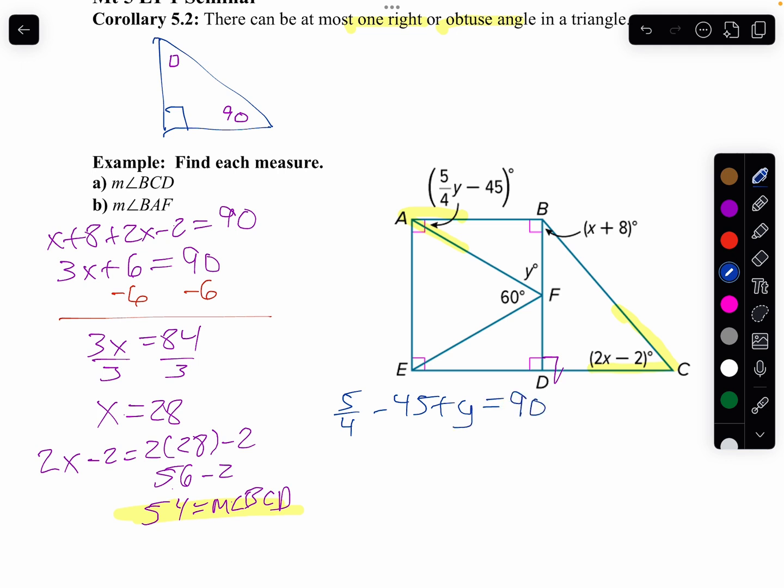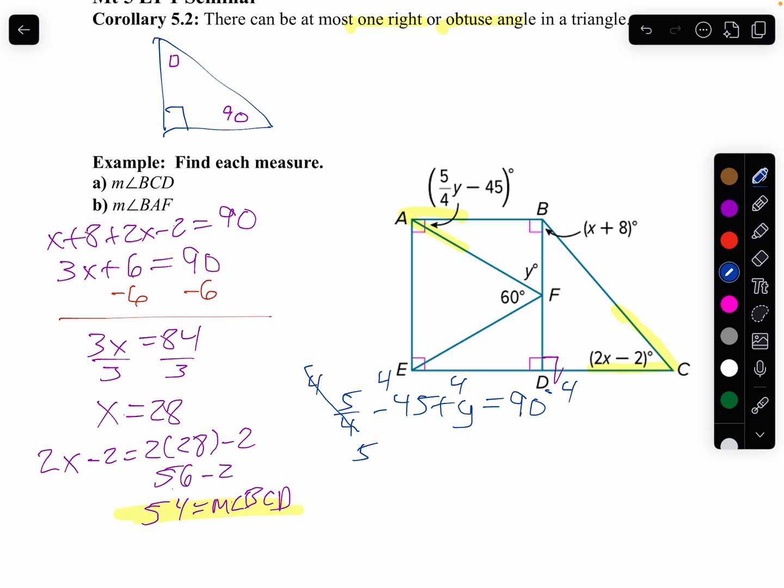Because once again, my two acute angles have to add to 90 degrees in a right triangle. I don't like fractions, so I'm going to clear my fractions out. Multiply every term by 4. When I say every term by 4, I mean multiply everything separated by a plus sign, a minus sign, or an equal sign. Notice the reason I multiply by 4 is to get rid of my fraction.